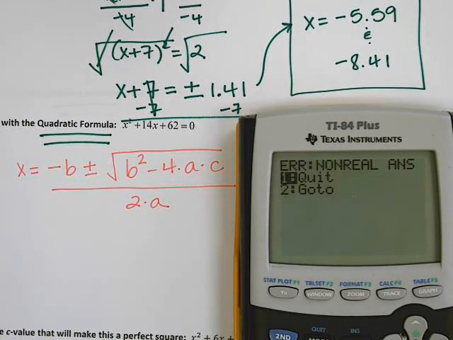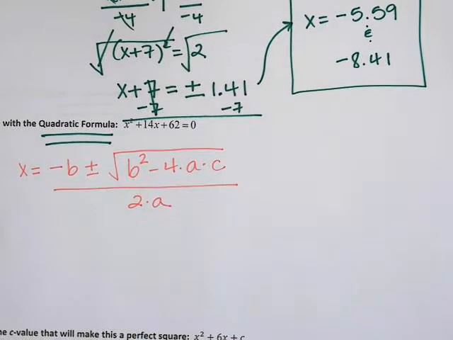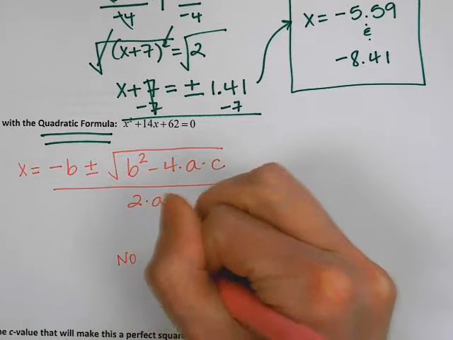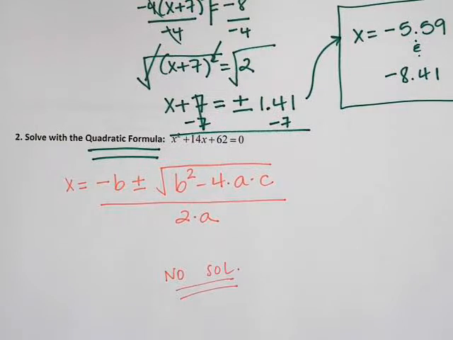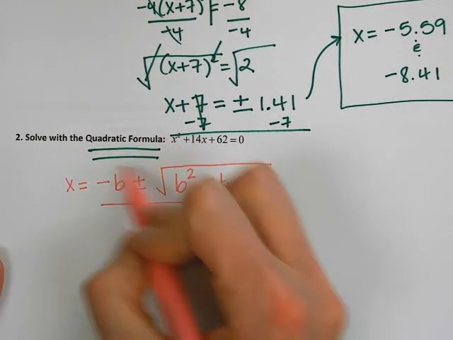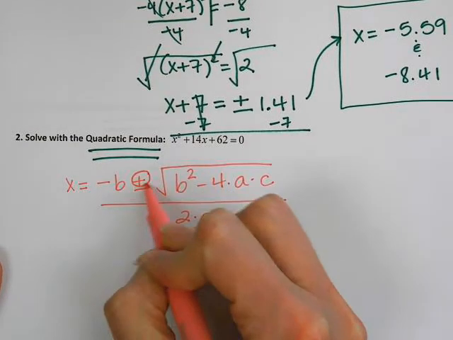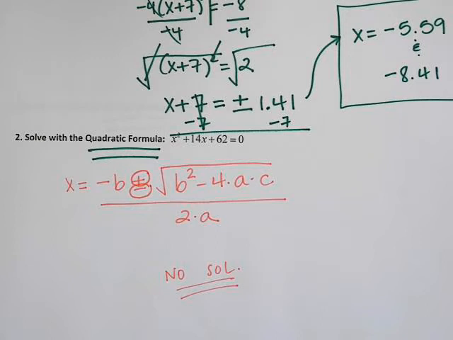Uh-oh. Okay, so this one actually has no solution. Okay, not the greatest problem to have on a review video, but yeah, no solution. If it did, you would have done it twice, once with the plus and once with the minus. But this one, no solution.